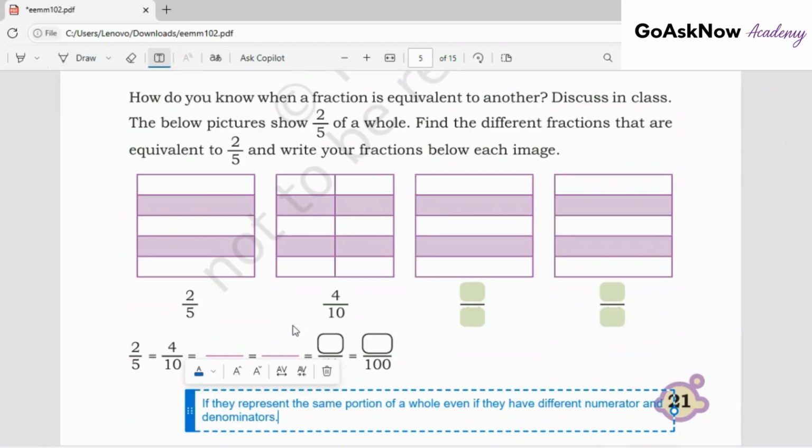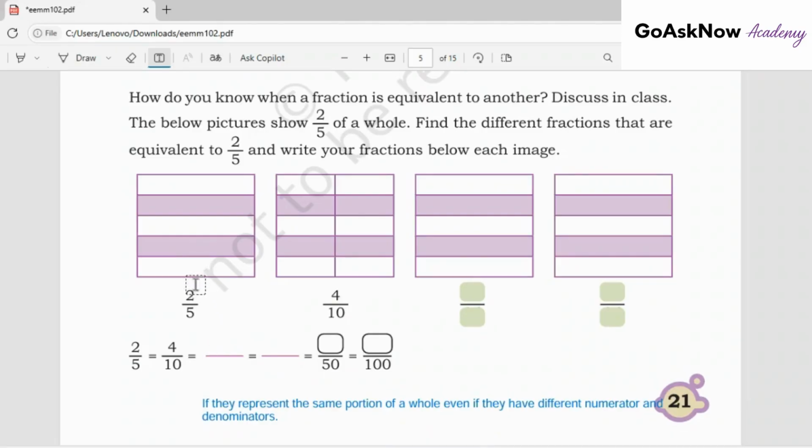Now here the value is 2 by 5. Next, 4 by 10 is given. Then we can take 6 by 15. Next, we can take how many? 3 lines, which are shaded.